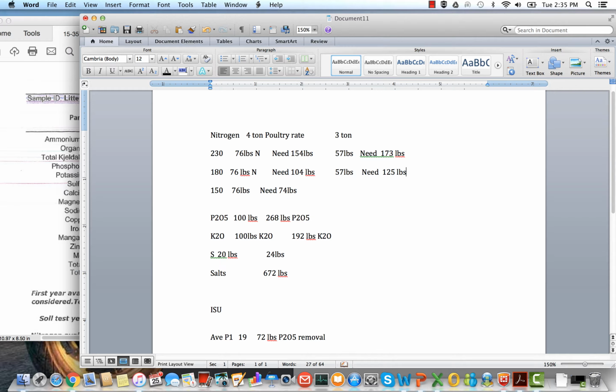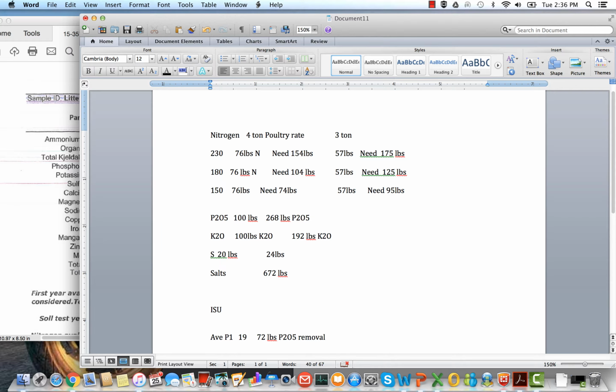Nobody buys 123 or 173 pounds of commercial fertilizer, right? Or commercial nitrogen, although by the time you adjust it for your real product. And then we're still 57 pounds and 150 minus 57. So we need 95.